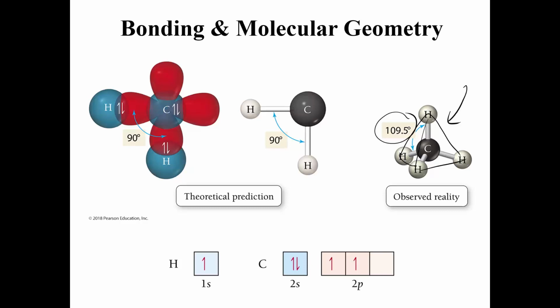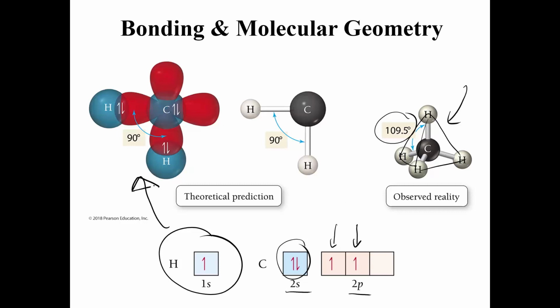If you look at the electronic configuration of carbon, the central atom, we have 2s2 and then 2p. That means we have 2 electrons that are paired up, and we can only make 2 sigma bonds with 2 other hydrogens, right? Because we need 1 electron from each orbital. So according to this model, we can only construct something like that with a 90-degree angle, right?